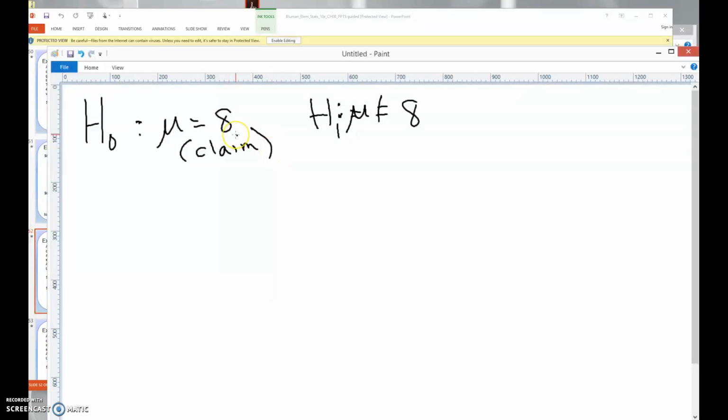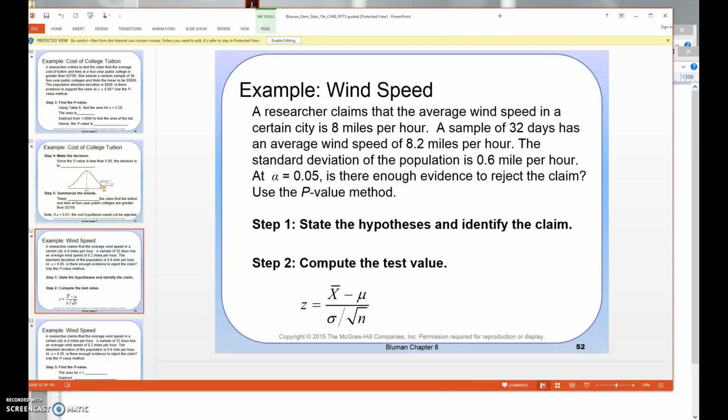The null hypothesis. All right, step 2 says find the test value. Because we know the standard deviation of the population, we're going to use our z-value. So we go x bar minus mu, where mu was 8, but we have to figure out the average that they got, which was 8.2.